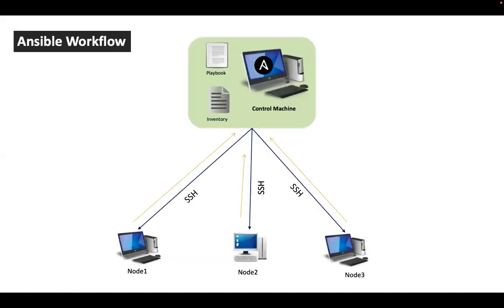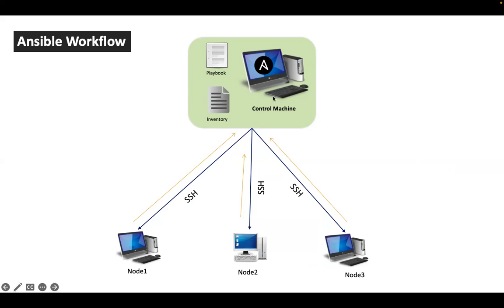Okay. So here is the very, very simple Ansible workflow. We can see here we have the control or master machine, right? Where we have kept the playbook file and the inventory file. Remember, the control machine will have the playbook and inventory, and this inventory will have the node details information.